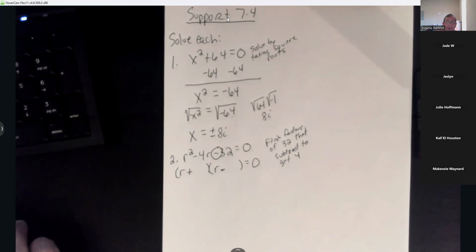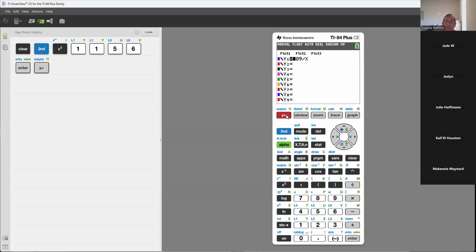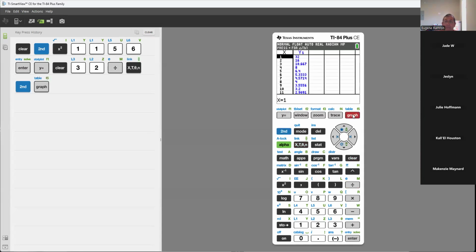We go to y equals, and I'm looking at 32, so make this 32 divided by x. I'm going to go to the table, second graph. I need two numbers that subtract and give me a 4. So 1 and 32 don't work. Oh, y'all, look at that. 4 and 8. 4 and 8 would subtract and give you a 4, okay?